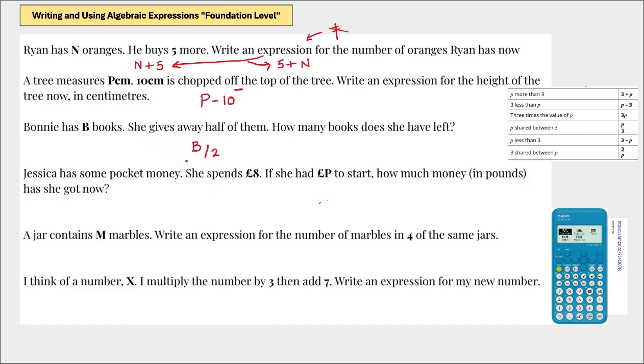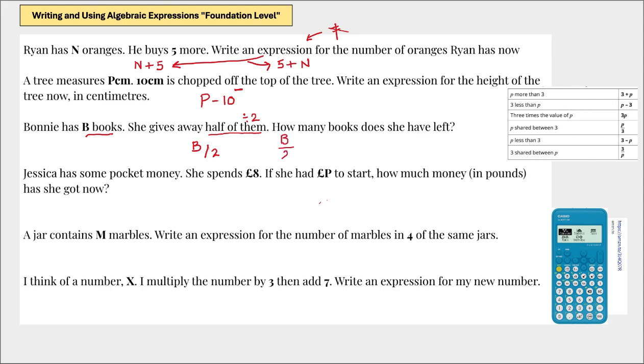Now, why is it B divided by 2? Well, let's think about it. It's B books, so we know it's B. She gives away half. And when we're halving something, what do we do? We divide whatever it is by 2. And that is written as an expression, B over 2.